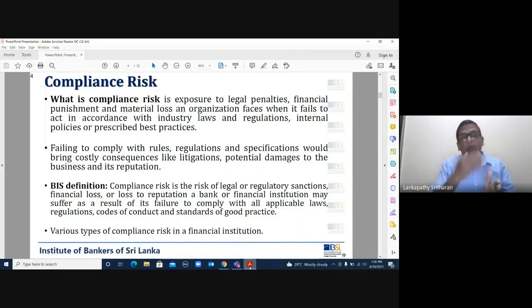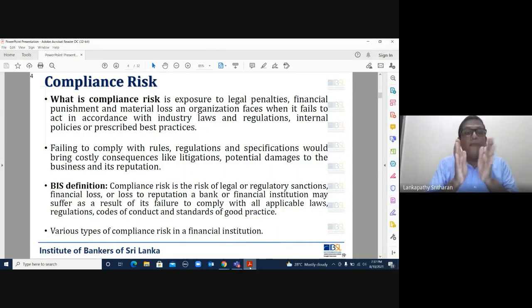Under non-financial risk there are categories called operational risk, IT risk, legal risk, compliance risk, reputational risk, likewise. Compliance risk is one of the main risks which banks and finance institutions are expected to follow. To manage that compliance risk, the compliance function is formulated by banks and finance institutions, and they manage compliance risk through the compliance function.